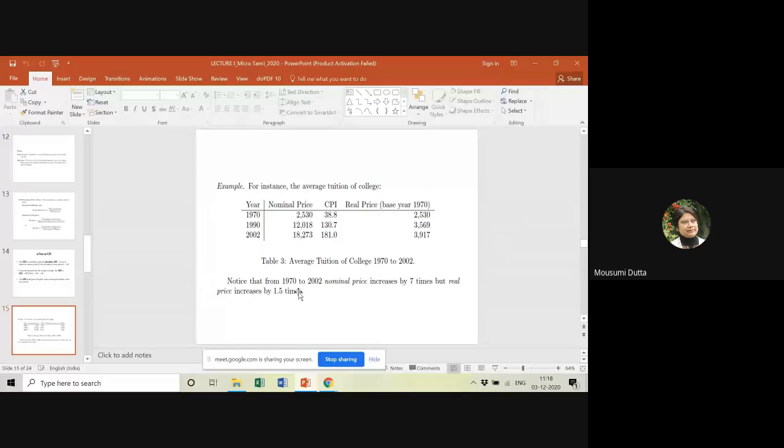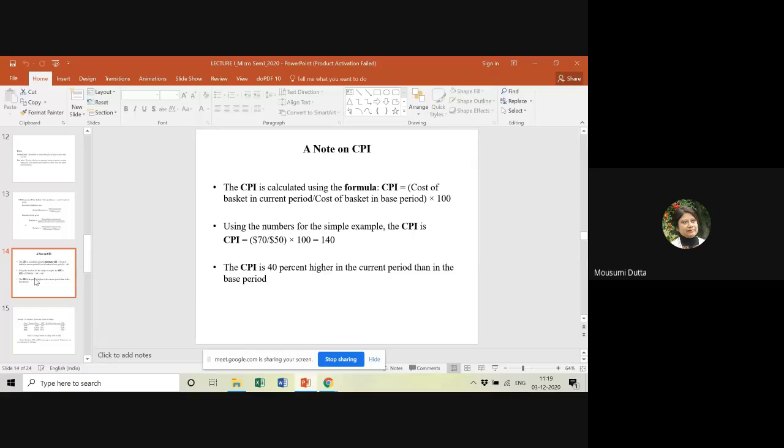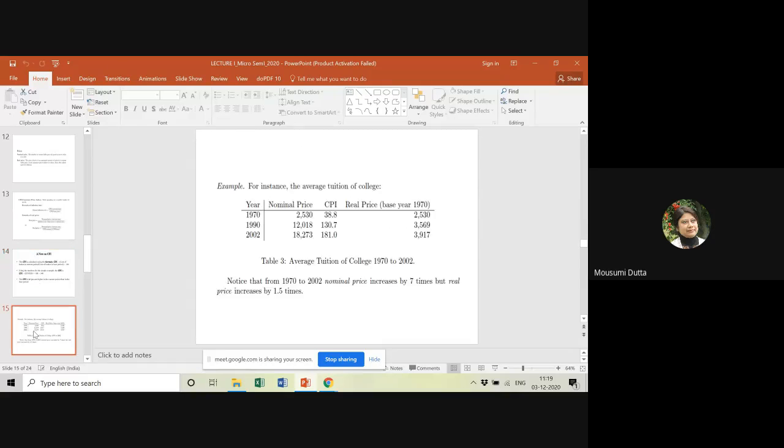Notice that from 1970 to 2002, nominal price increased by 7 times, but real price increased by 1.5 times. So this will be your homework. Look at this table, look at this formula, and try to understand how I came to this conclusion.